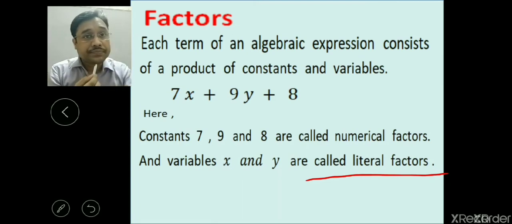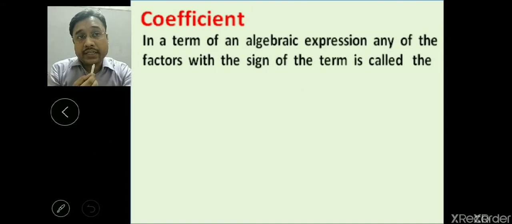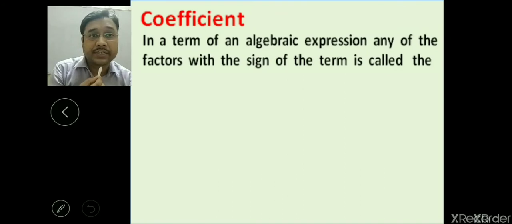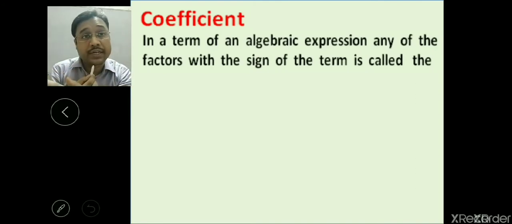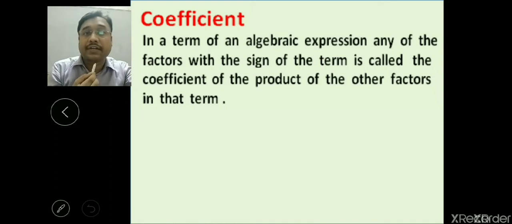Now you see coefficient. Coefficient means, in a term of an algebraic expression, any of the factors with the sign of the term, that means the sign of the term is included here, is called the coefficient of the product of the other factors. Try to understand: the coefficient of the product of the remaining factors, because one factor you have taken for finding the coefficient.